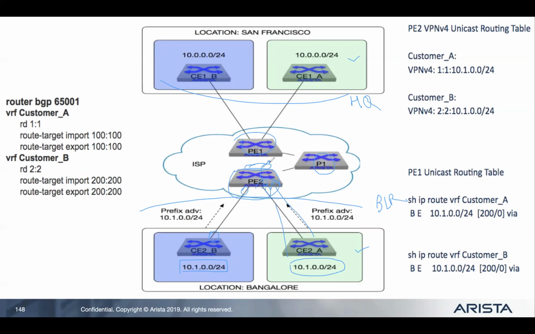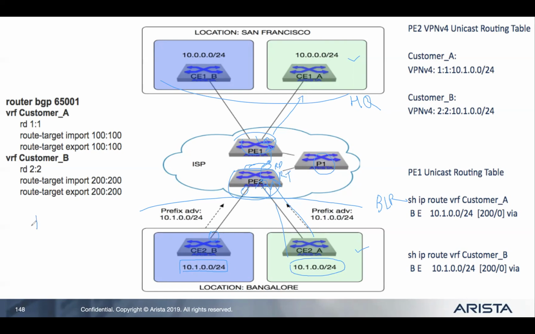From that, the type 5 route will be advertised to PE1, and based on the route distinguisher and RT, route target, it will understand that it has to install this route into this customer's VRF. That will be installed there, and from there it will again be advertised back to the customer. So this is how this will work.